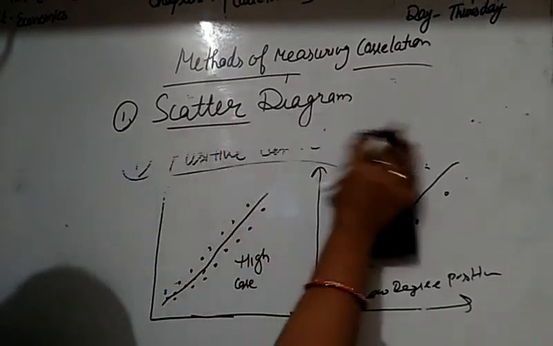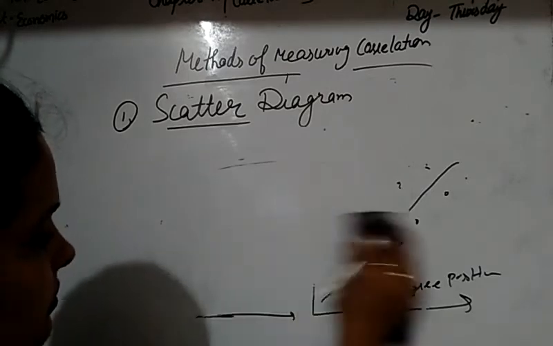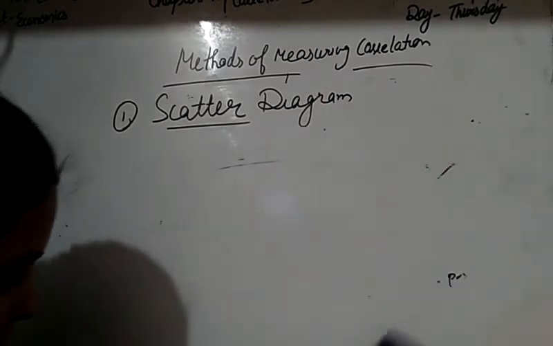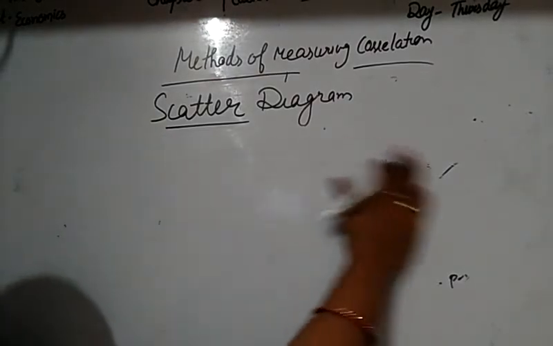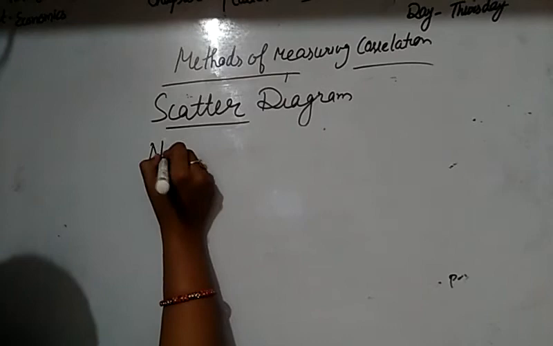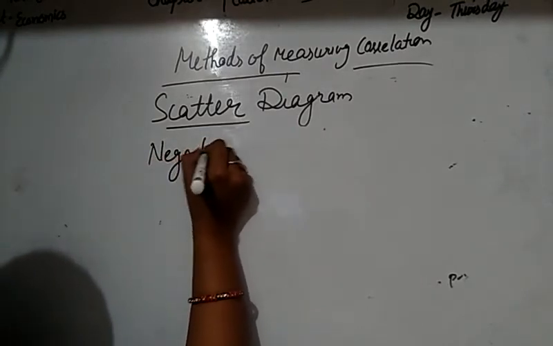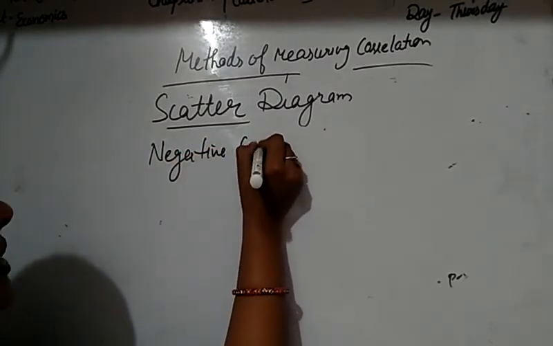Next is negative correlation. How can we judge negative correlation in a scatter diagram?